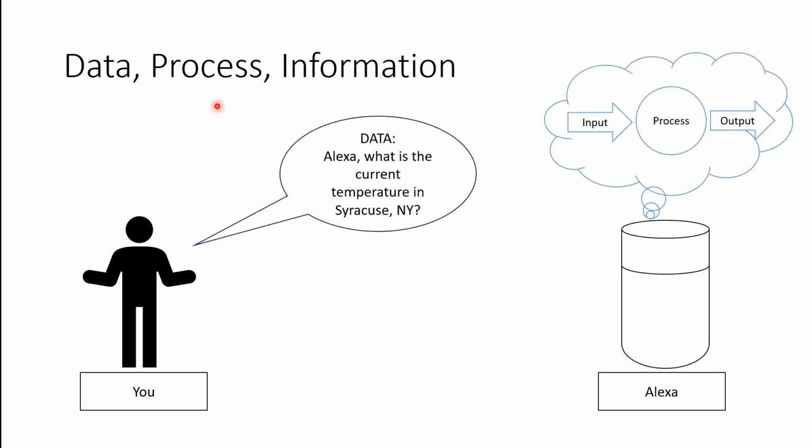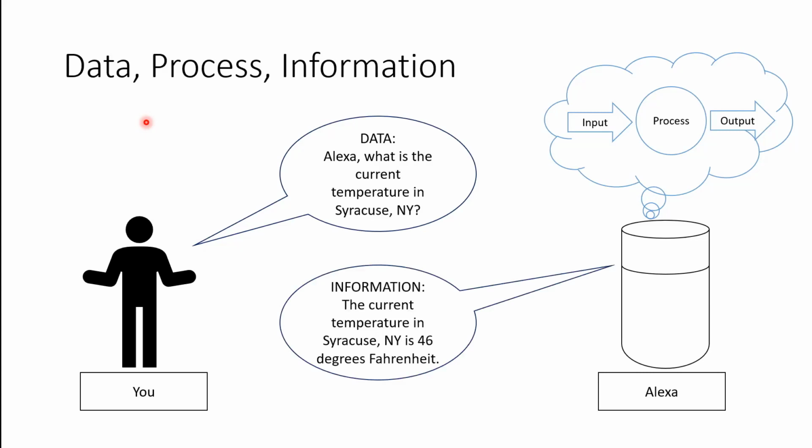We might say, hey, Alexa, what is the current temperature in Syracuse, New York? And that would be considered data. That gets sent to Alexa as data, and then Alexa does its own series of input, process, output to achieve information, and then the information that may come back to us from the smart speaker is something like the current temperature in Syracuse, New York is 46 degrees Fahrenheit.